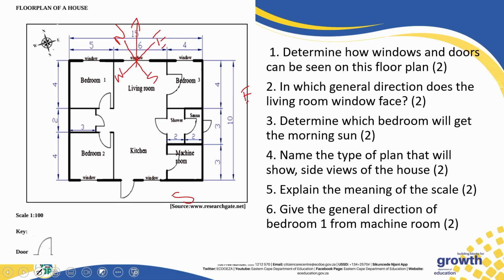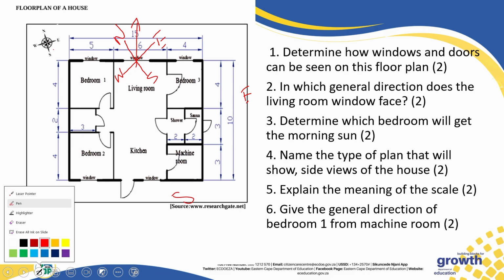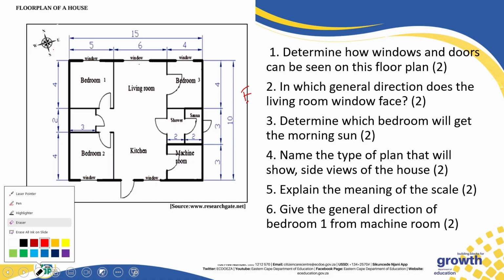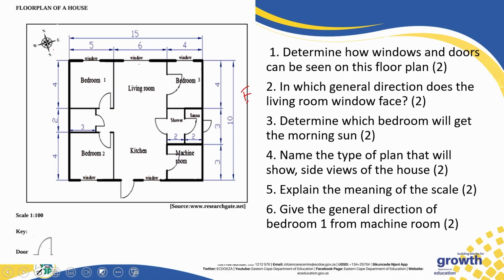Give the general direction of bedroom 1 from the machine room. Right, let me erase this one first. General direction of bedroom 1 from the machine room. This is where bedroom 1 is, and the machine room is here. So we are changing here because it says from the machine room.